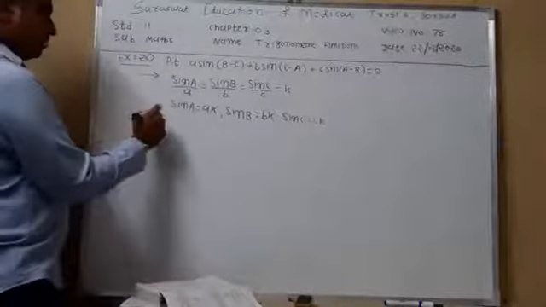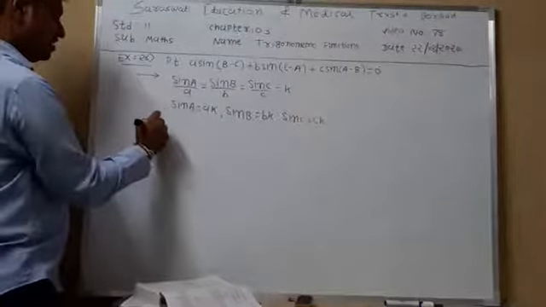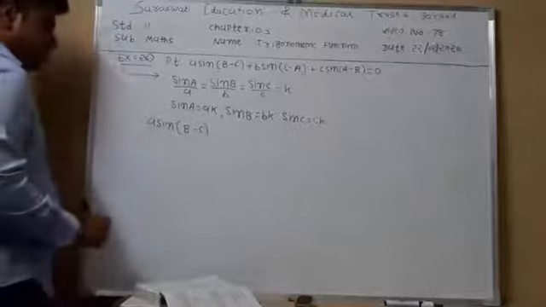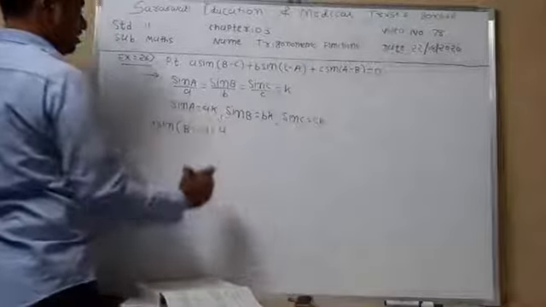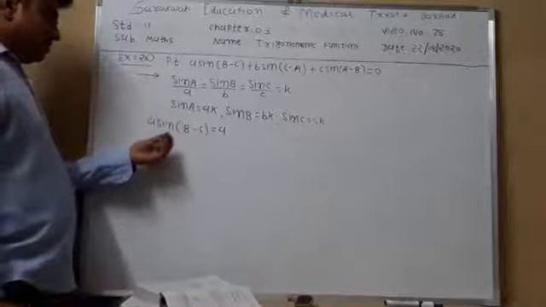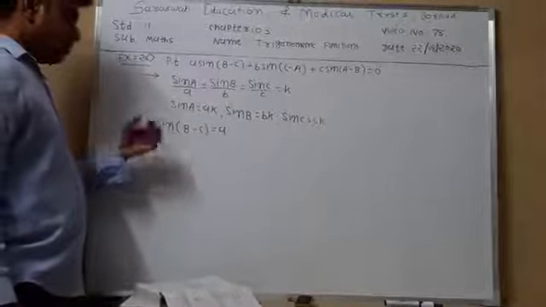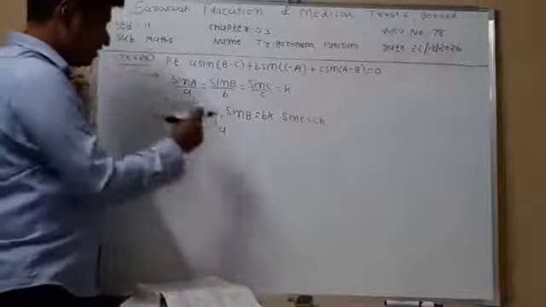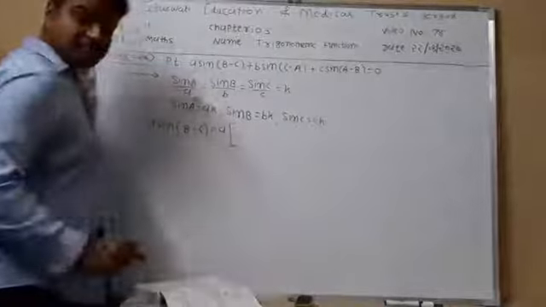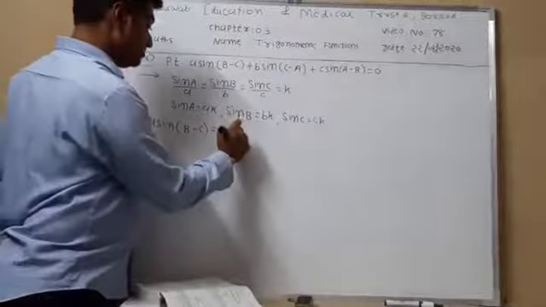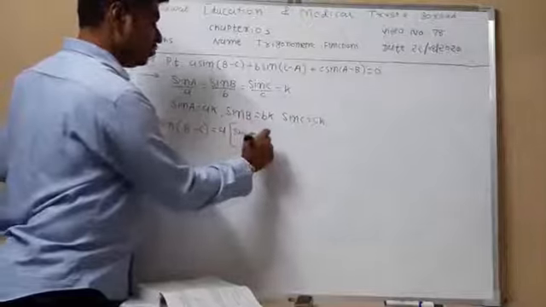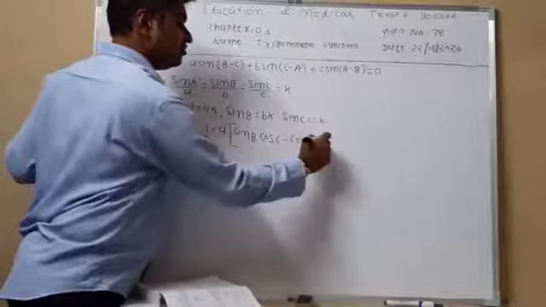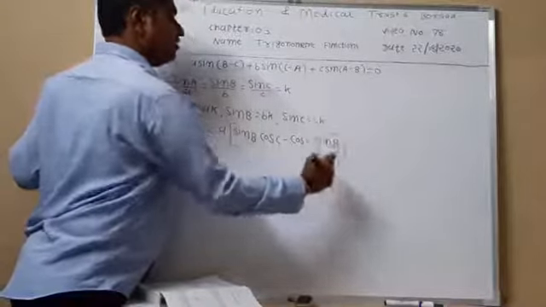Now start from the first term, that is a sin(b minus c). So it is a, and now sin(b minus c). Apply the identity for sin alpha minus beta, that means sin b cos c minus cos b sin c.